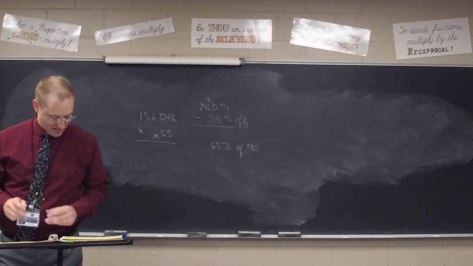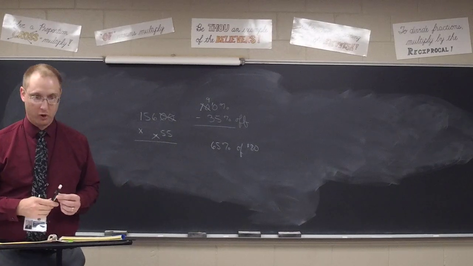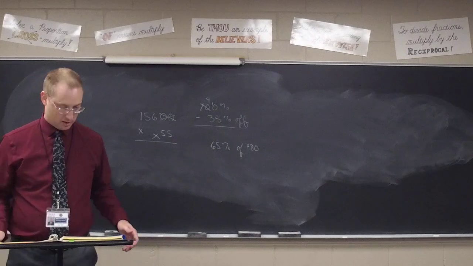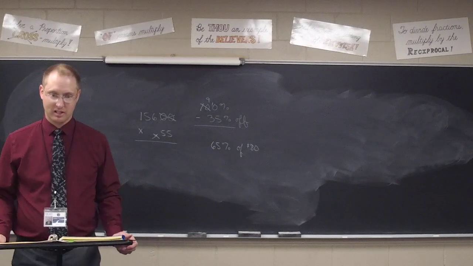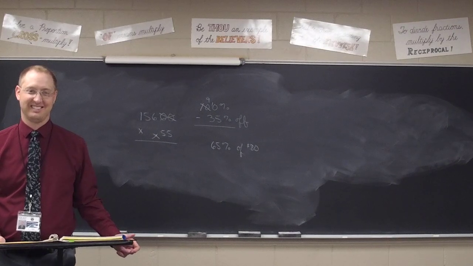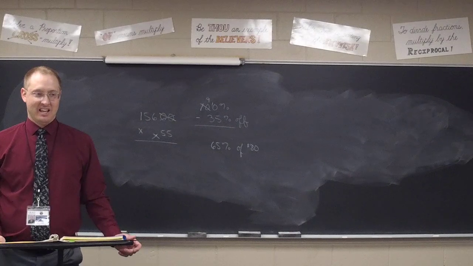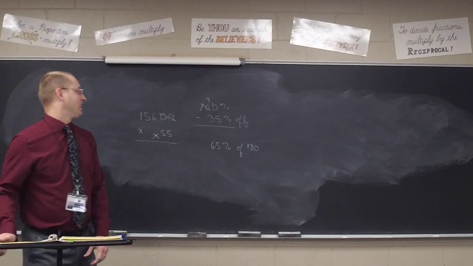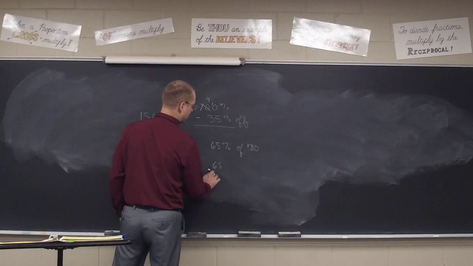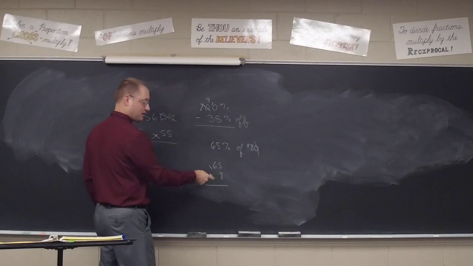At your seats, how much is the cost per baseball uniform? Make it a 0.65. Actually, make it a 6.5 and make it an 8, right? Knock off the 0 with one of the decimal places.